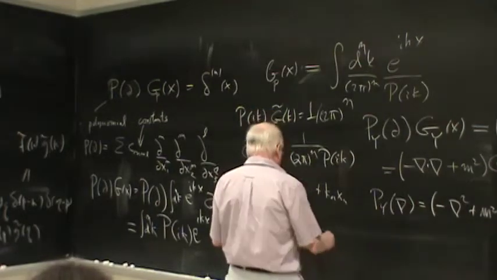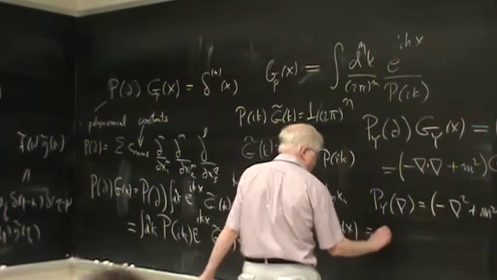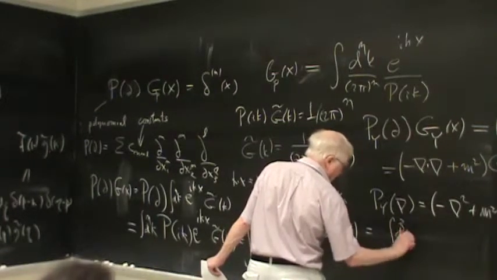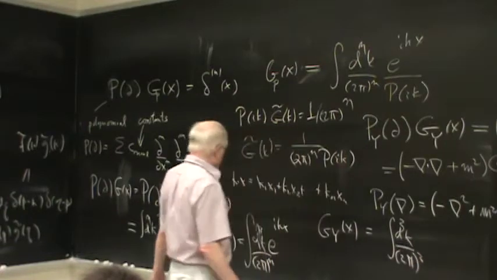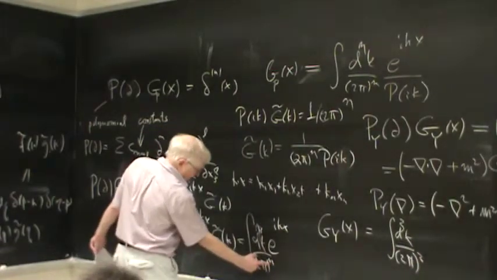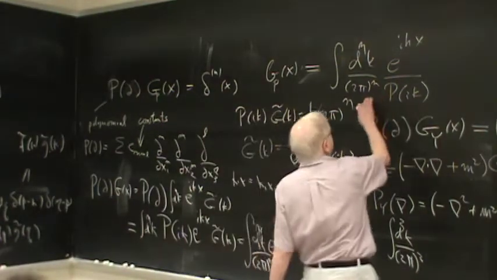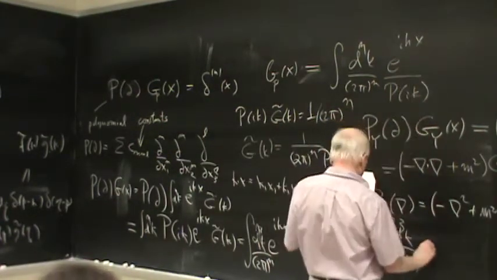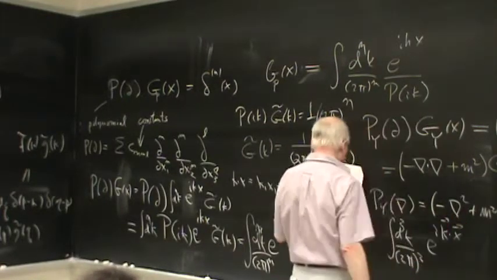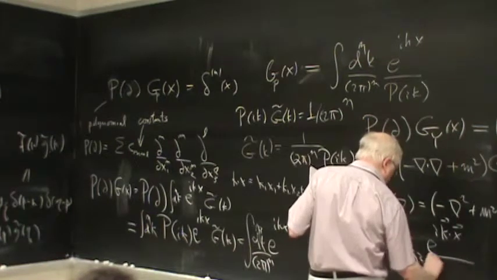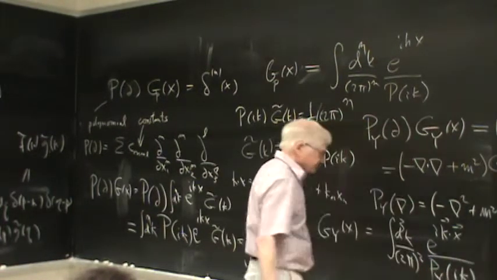So what we get then is that G_Y of x, just using the recipe, is now the integral d cubed k over 2 pi cubed, so in other words 2 pi to the n, e to the i k dot x, and now these are 3-dimensional dot products, and we divide by P_Y of ik.